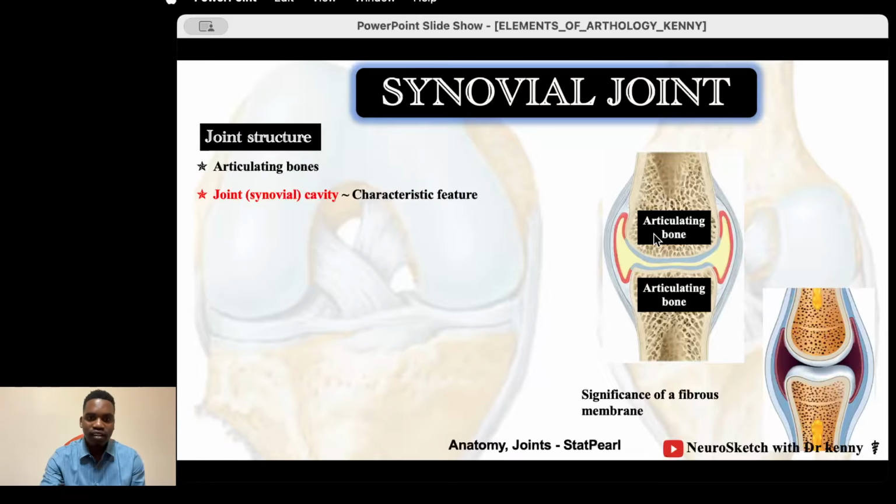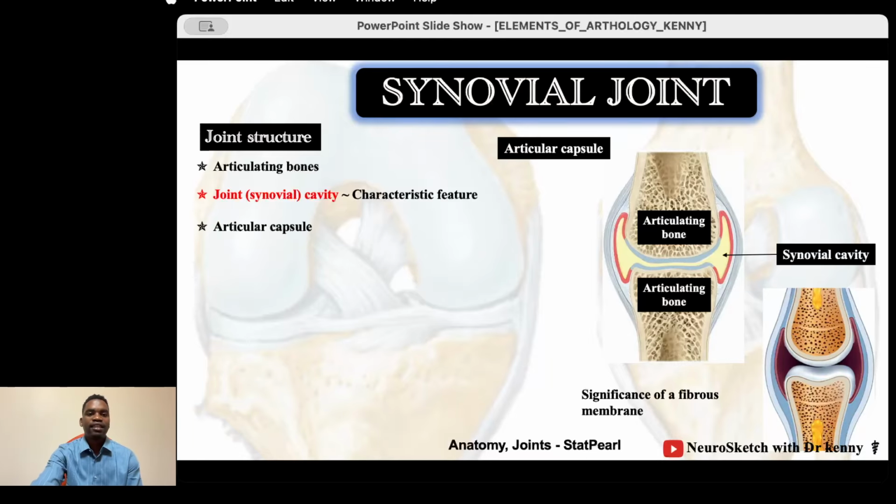Okay, so we have the joint cavity, or the synovial cavity, whereby the articulating bones don't come into contact with one another because of the presence of the synovial fluid. The synovial cavity contains the synovial fluid, and the function of the synovial fluid is to reduce friction between the articulating bones. But we also have the articular capsule, the joint capsule.